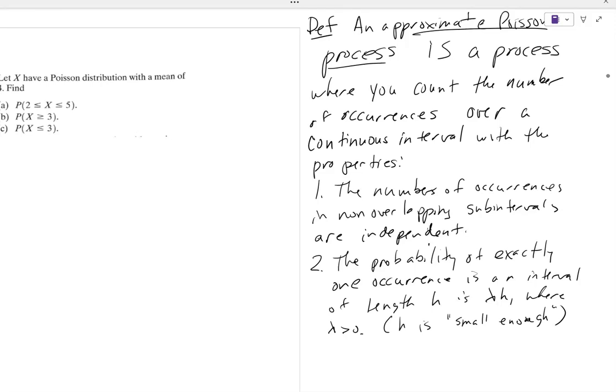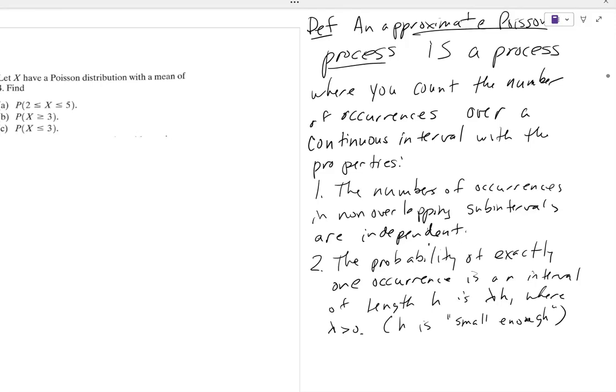They may be within a half a second of each other or something, but it's not going to be literally the same time. Okay? So what this property says, and the next one, is that I can chop up my interval small enough to where either there's no occurrence or one occurrence there. That's what we're doing.